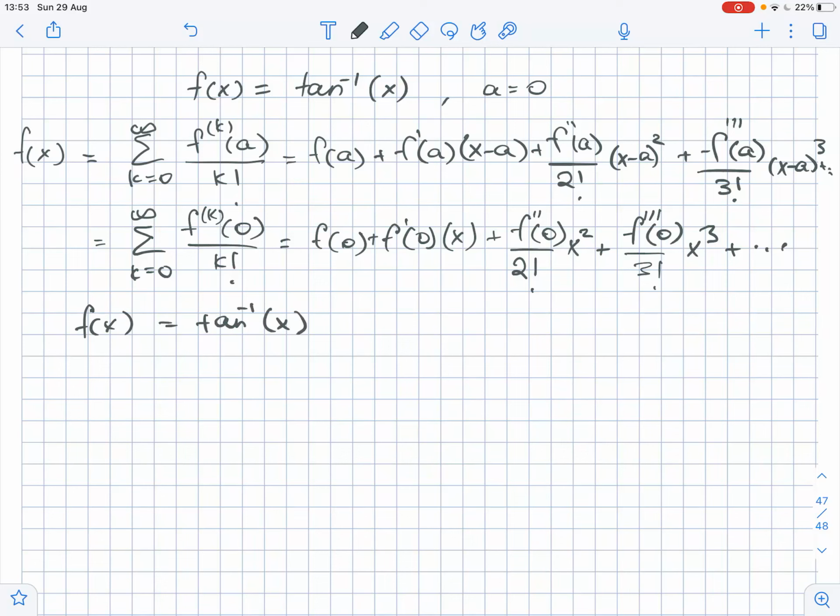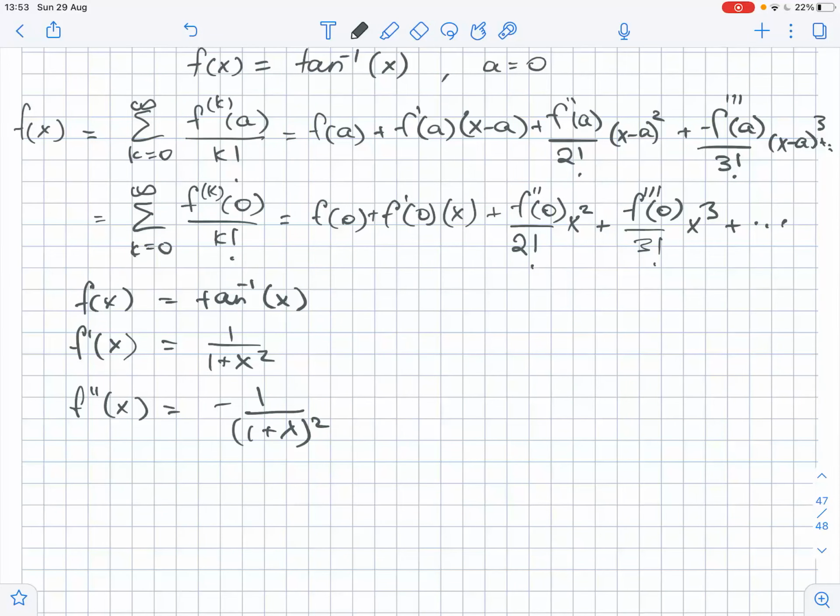So in our case, f of x equals inverse tangent of x. Let's find the derivatives of this function. The first order derivative of f of x equals 1 over 1 plus x squared. The second order derivative of f of x equals negative 1 over 1 plus x squared.